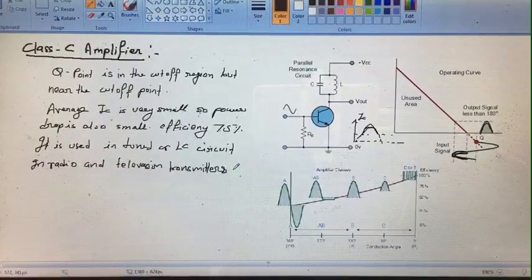These amplifiers are used only in the radio frequency stage of transmission and we cannot use them anywhere else.